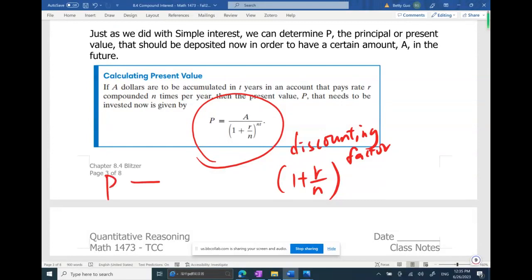So when we go from P to A, we are multiplying this factor, it is called a compounding factor. But when we go from A to P, then we are dividing by that factor. Then we call the factor the discounting factor. Does that make any sense?